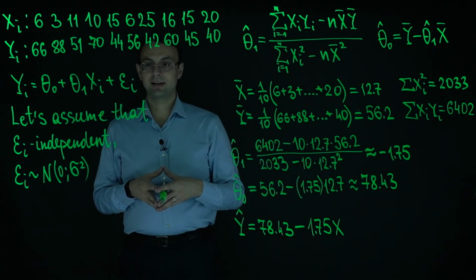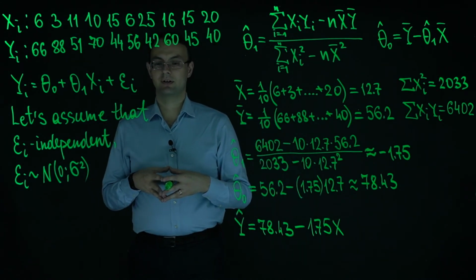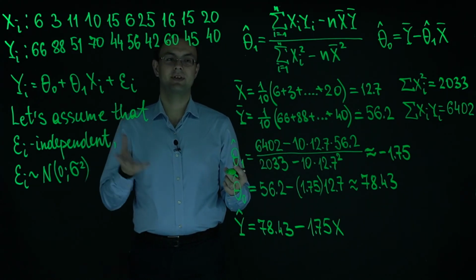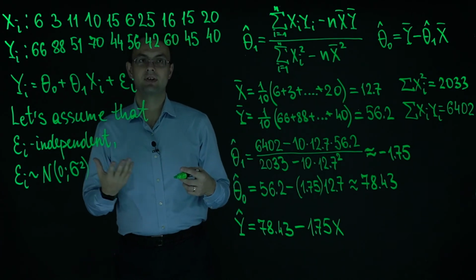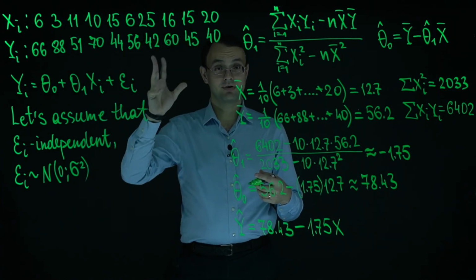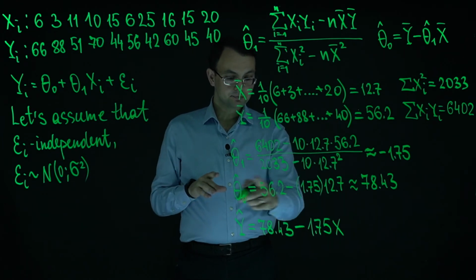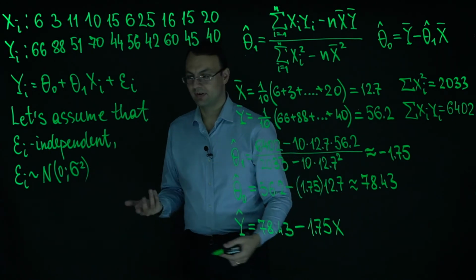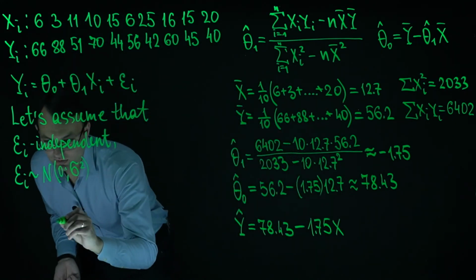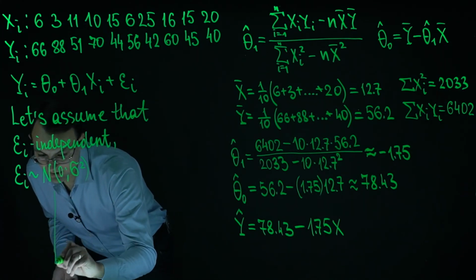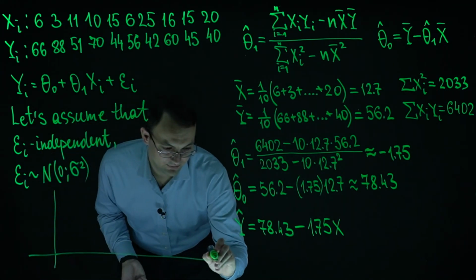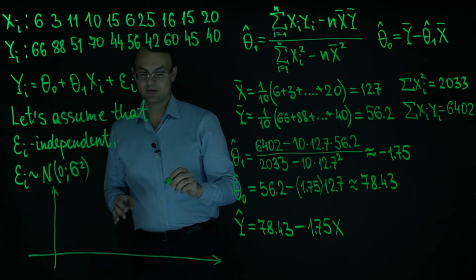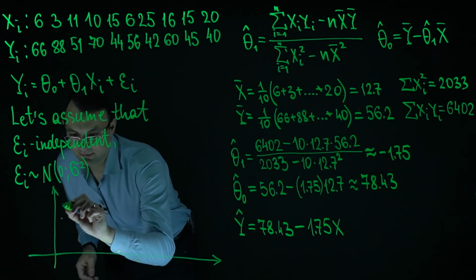Now let us have a look at how this looks if we graph what we have here. We have observations, which are 10 points, and we have the model, which is a line, since the graph of a linear function is a line.